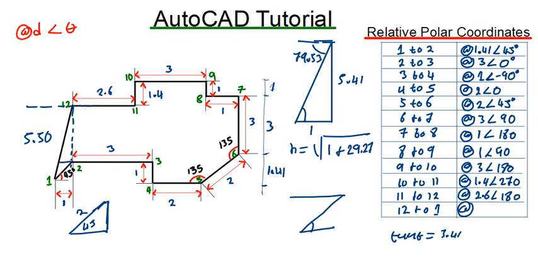So you can add this with 180, which is going to be 259.53. So at the distance you have found, that is 5.0, the angle is 259.53. Okay, so we are basically done.